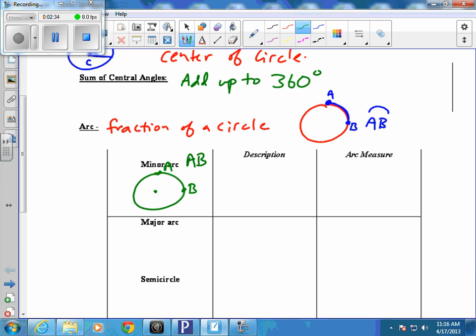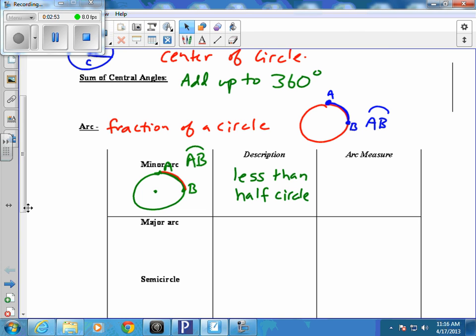So this would be minor arc AB, from A to B. The description would be, basically, it's less than a half circle. And the measure, we use a little m as the symbol for measure. The measure of arc AB is always less than 180 degrees. So from 0 to 179.99999 would be a minor arc.